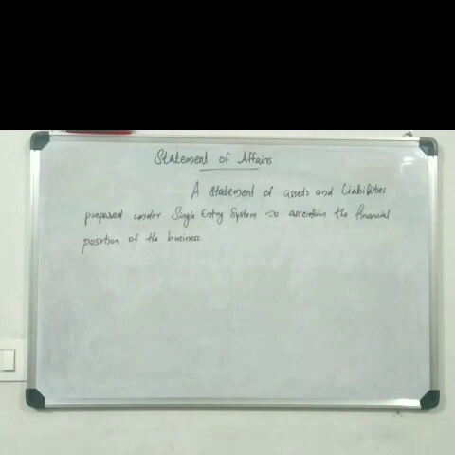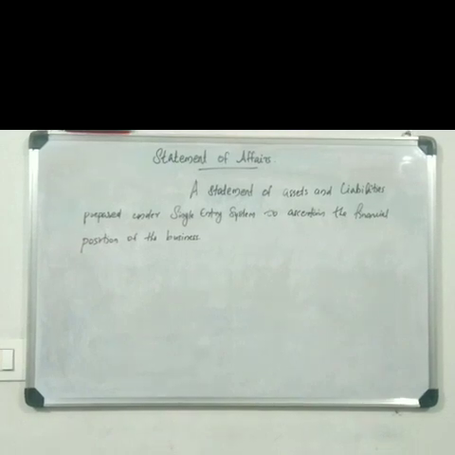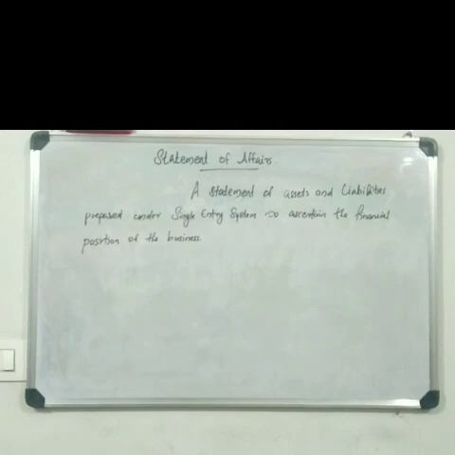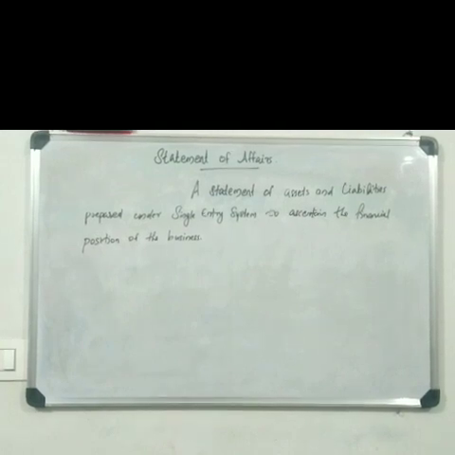So we have to prepare an opening statement of affairs to find out the opening capital and a closing statement of affairs to find out the closing capital if capitals are not given. Right. So accordingly, we have to prepare the final statement of affairs. So let us look into an example and see how a statement of affairs can be prepared.